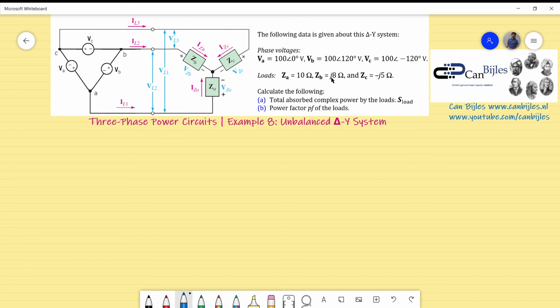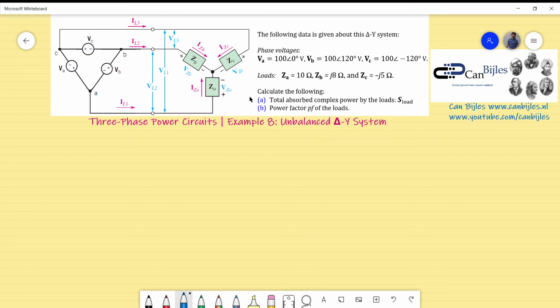ZB is j8 ohms, so pure inductive, and ZC is minus j5 ohms, so it is pure capacitive. As you can see, these loads are not equal to each other, for sure not in magnitude, and also not in phase, so we also have an unbalanced load, and in total this will result in an unbalanced system.